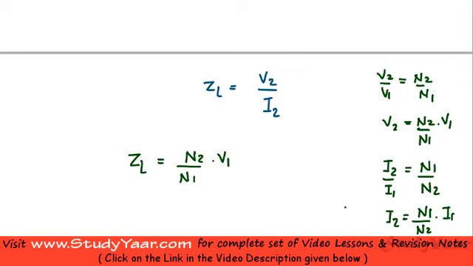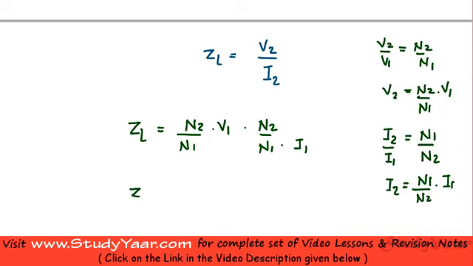You have I2 in the denominator, so what you have is N2 upon N1 upon I1. I have just written what I2 inverse is. Your I2 inverse is N2 upon N1 upon I1. So you can write your ZL as N2 upon N1 into N2 upon N1 into V1 upon I1.